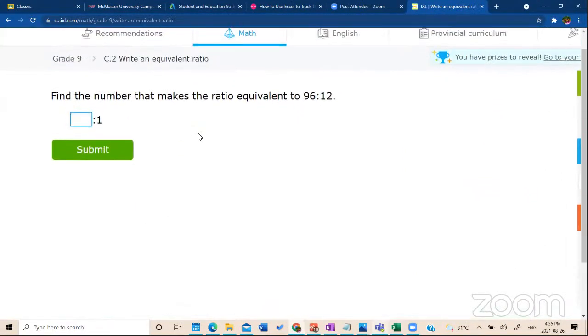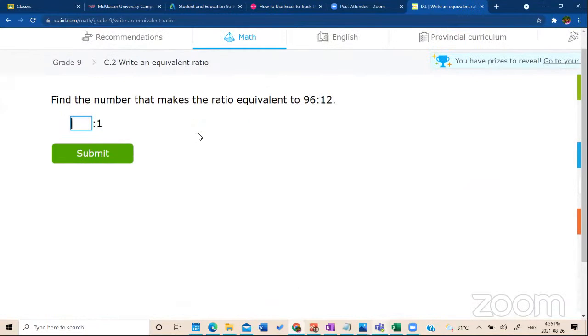Okay, so let's see this one. Find a number that makes the ratio equivalent to 96 to 12. Let me just write it down. So 96 to 12. If you want to make it to 1, you have to divide by 12. Actually, since you're going from a big fraction to the smaller fraction, you have to divide.